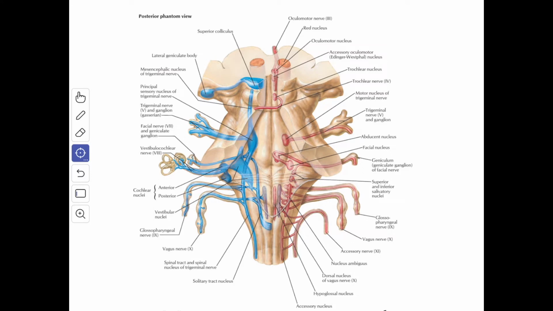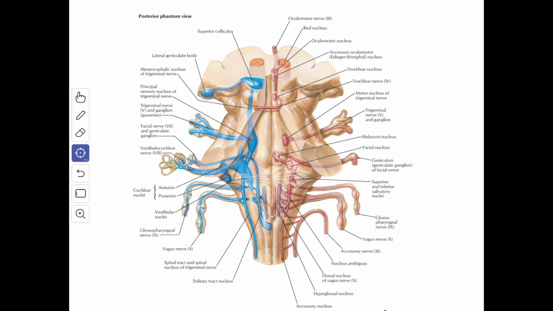The next column is the special visceral or branchial efferent fibers. So these fibers arise from the nuclei of the special visceral or branchial efferent column, and they supply the striated muscles which develop from the branchial or pharyngeal arches, namely the muscles of facial expression, the muscles of the palate, pharynx and larynx.